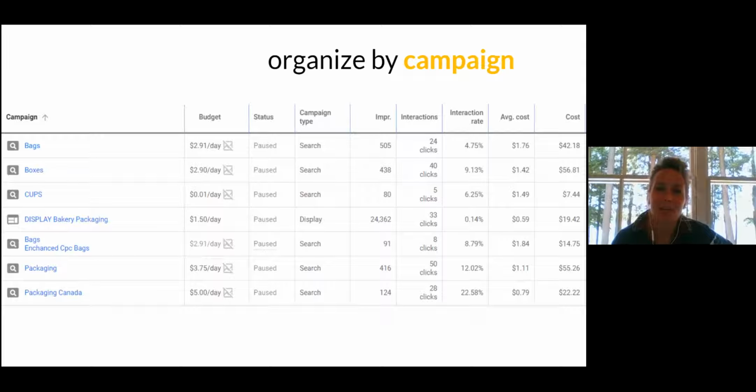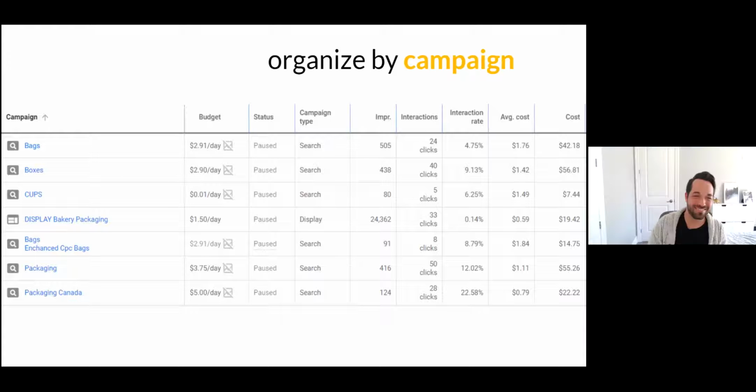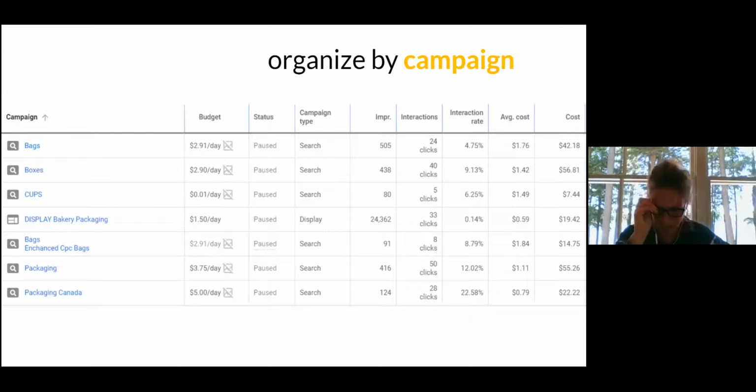I want to talk to you about how the Google Ads system is set up, because once you understand how the search marketing system, the hierarchy of search marketing, is set up within the Google Ads platform, it should become sort of clear to you how you might organize this if this was you.